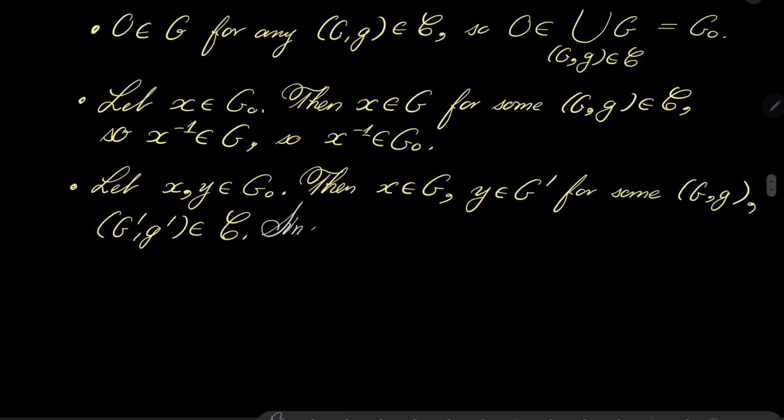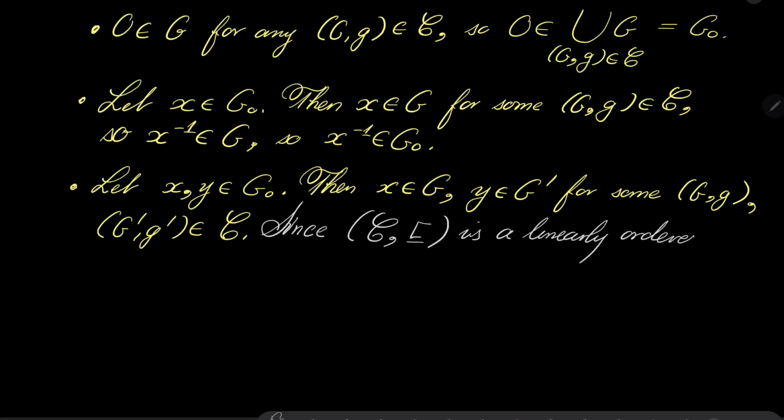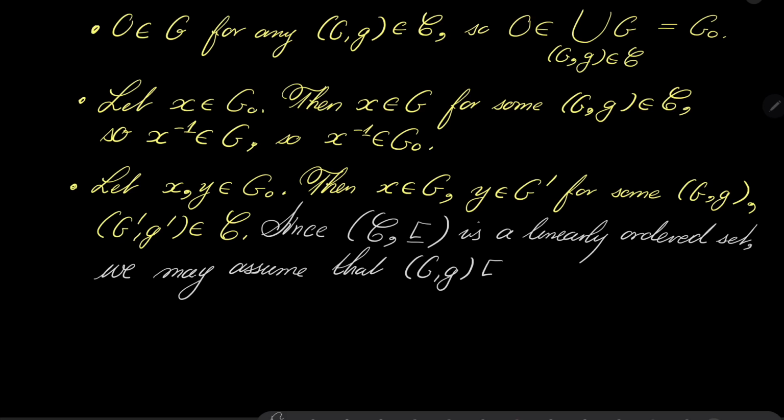Since this chain C is a linearly ordered set, we may assume, without loss of generality, that, for example, G is in relation with G prime.